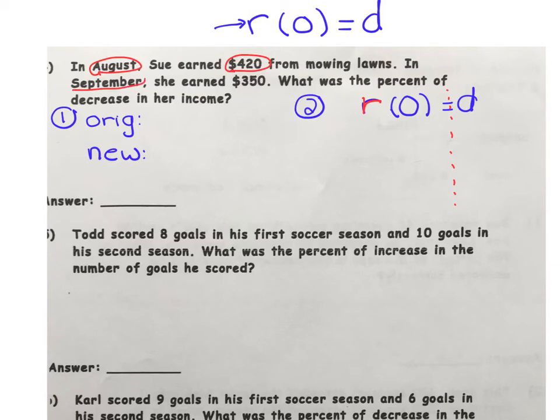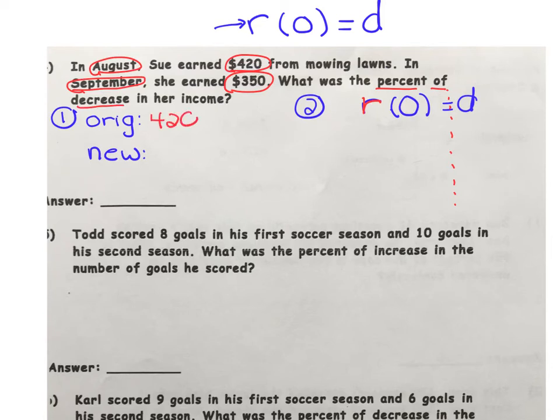In September, she earned $350. Clearly, August came first, so it's the original amount. It's our job to find the percent of decrease in her income.